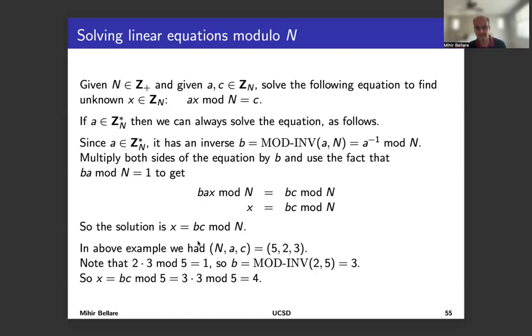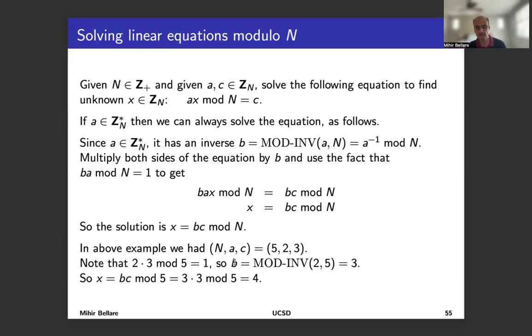We can test our little example. When n, a, and c were 5, 2, and 3, how would we use this method? Well, the a value here is 2. So according to our method, we need to compute the inverse of 2 modulo n, which is 5. So how do we do that? Well, these numbers are small enough that we just guess or look and see. We see that 2 times 3 is 6, and 6 mod 5 is 1.